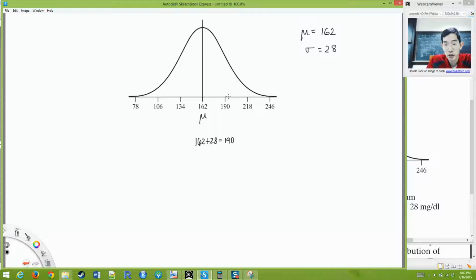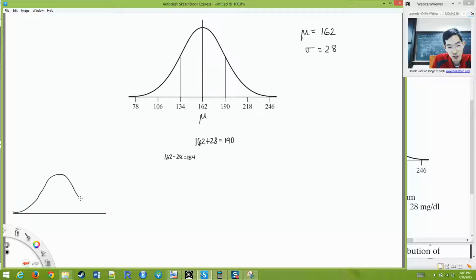Right? And so we end up out here. So this is one standard deviation above, and then if I do 162 minus 28, I end up at 134.